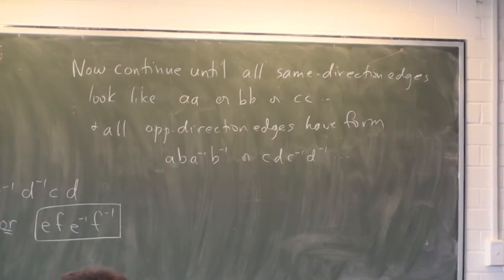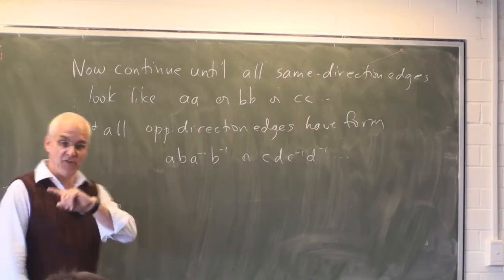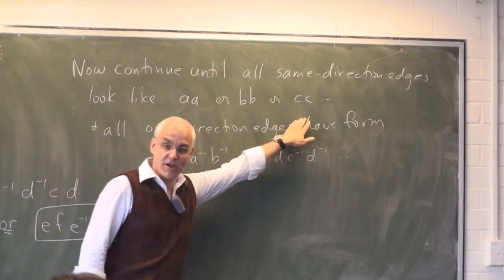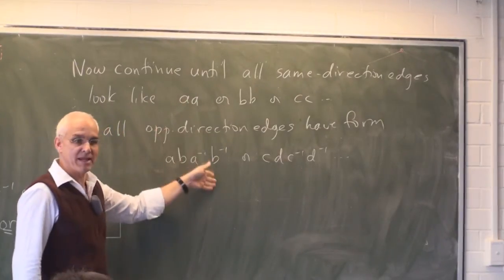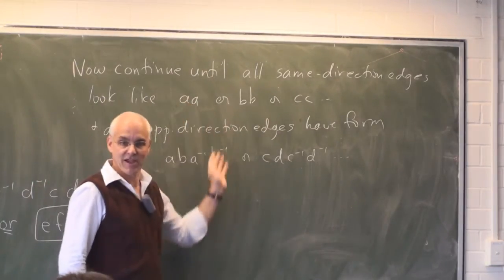But that's not quite our theorem yet, because our theorem says that we can arrange so that we get either the sphere or only these ones. Right now we've got mixed. We've got some of these and some of these.